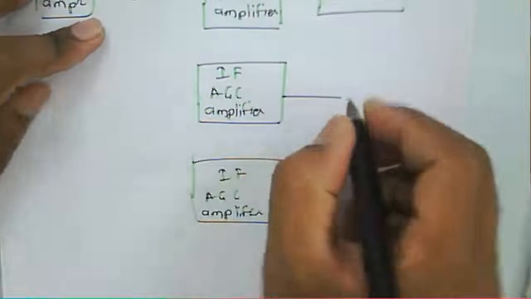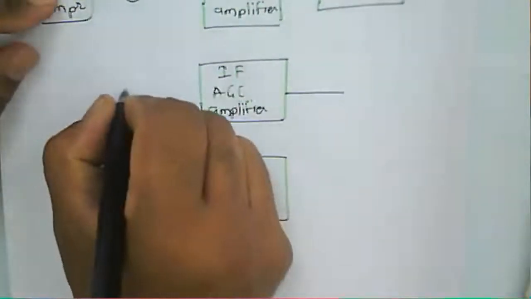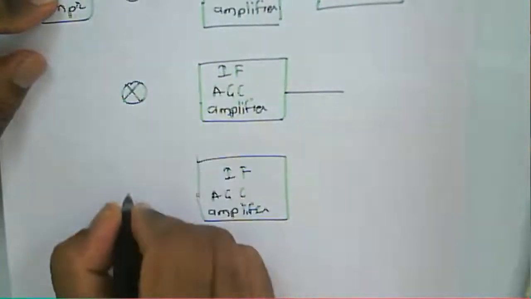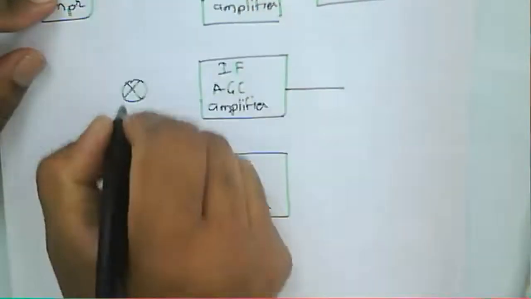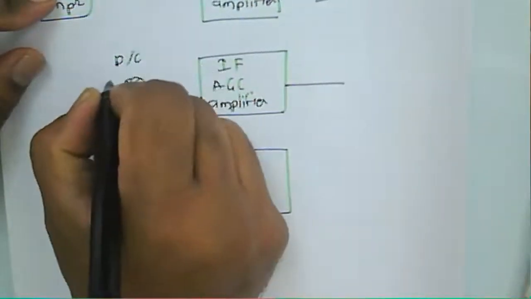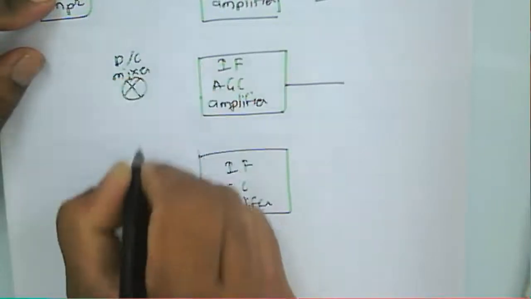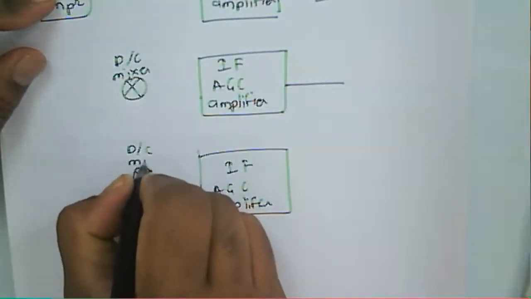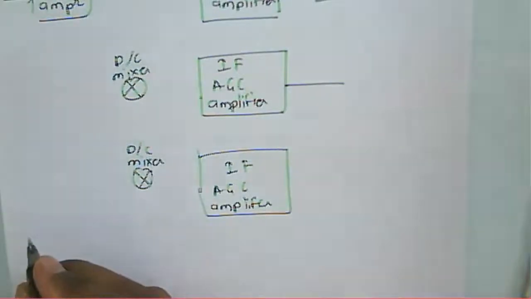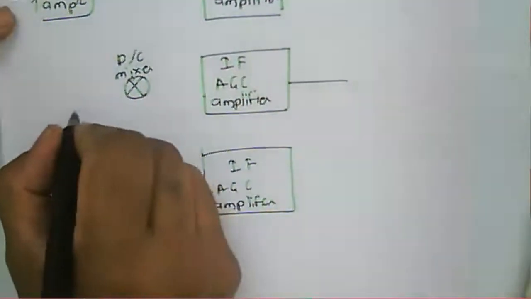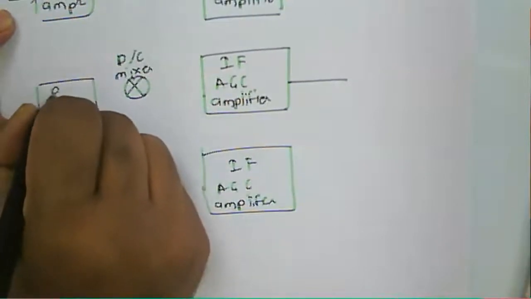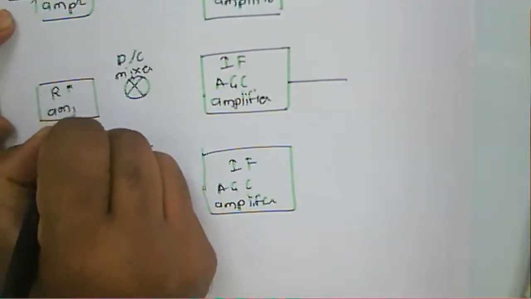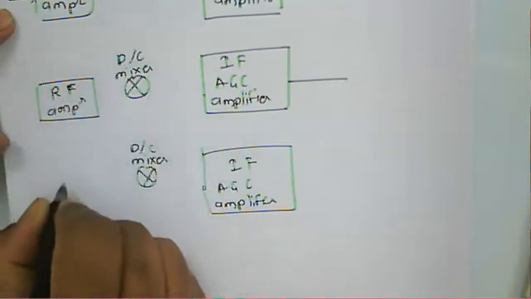Then we have the down converter mixer. And here we are giving the output to this RF amplifier.